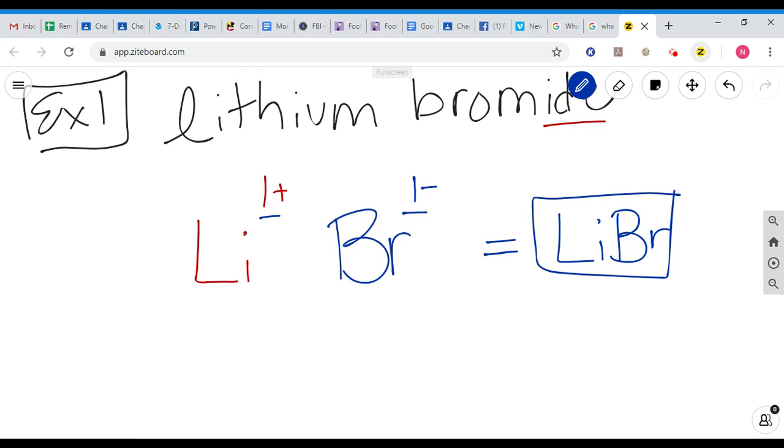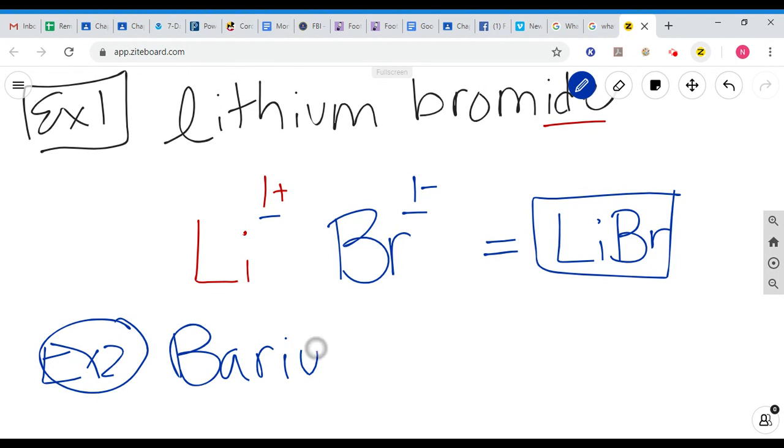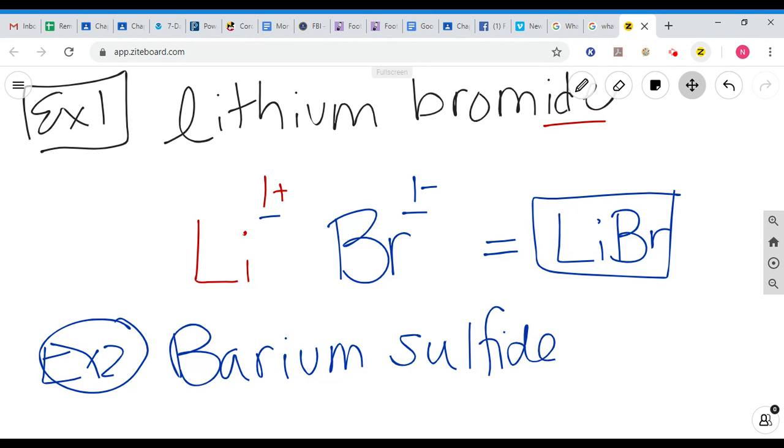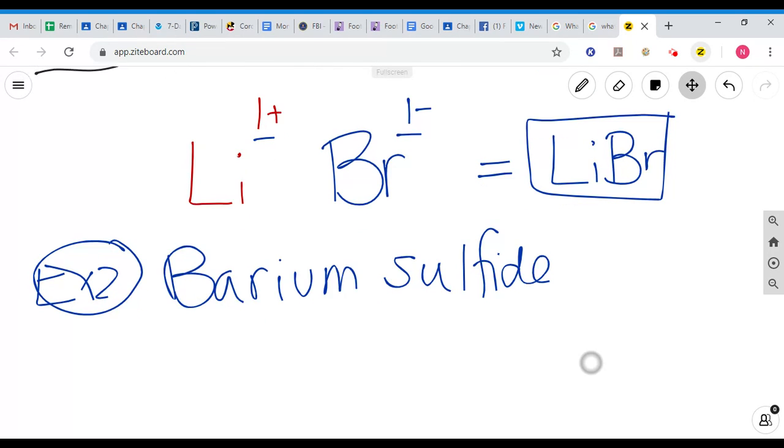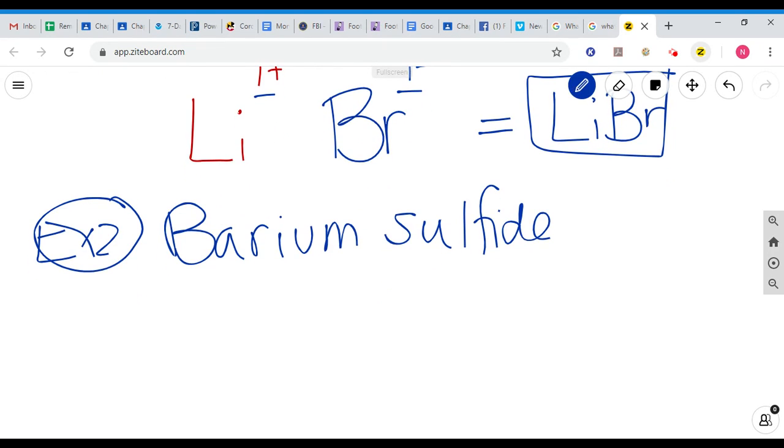All right, let's try another example. Let's do example 2. Let's do barium sulfide. Pause the video if you need to keep up. All right, so barium, just what we did in the previous example, we wrote the symbol and we wrote its charge. Barium, find it on the table. Where is it?